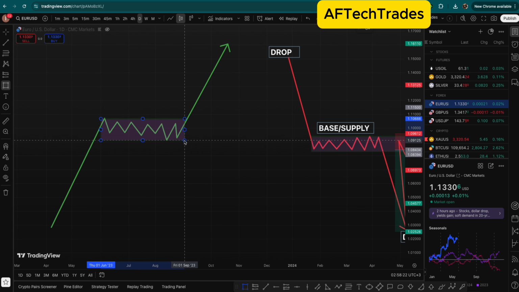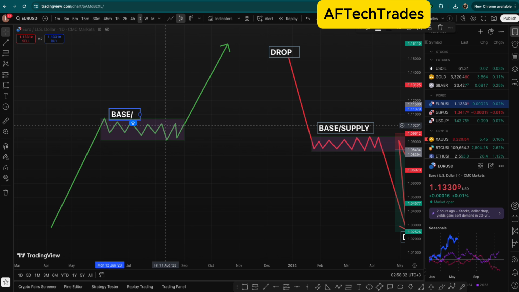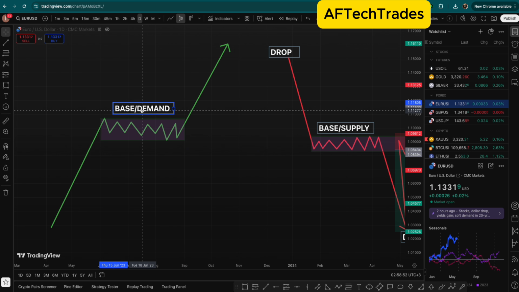Here is our base, which is our demand zone, right? Here is our base, and it also serves as our demand zone. I hope you are getting me. And I hope from now on you will not get confused when you see this on your chart.